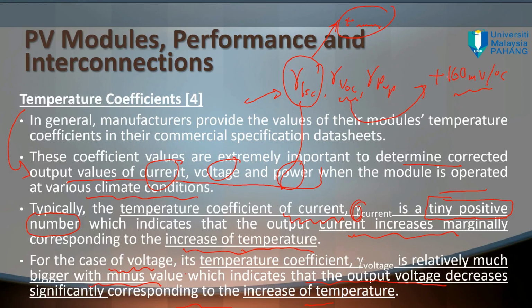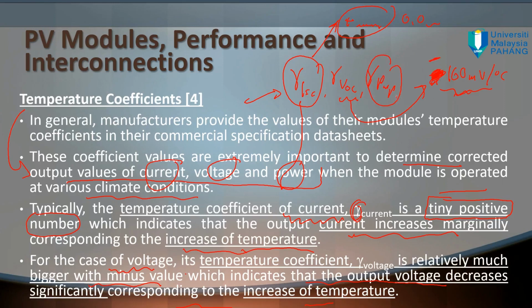For example, the temperature coefficient for open circuit voltage plus 150 millivolt per degree C, for example. But for the current maybe 0.0 something. I forgot the typical value. Oh sorry, negative. VOC is negative. Sorry.